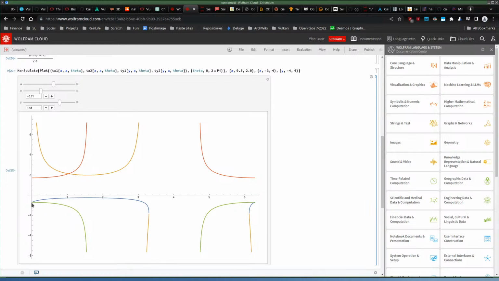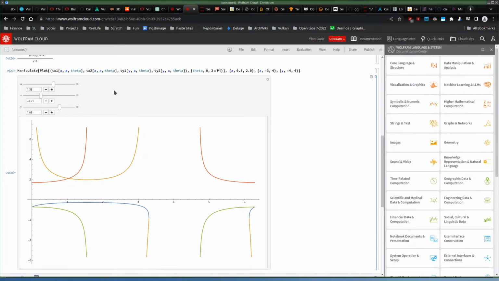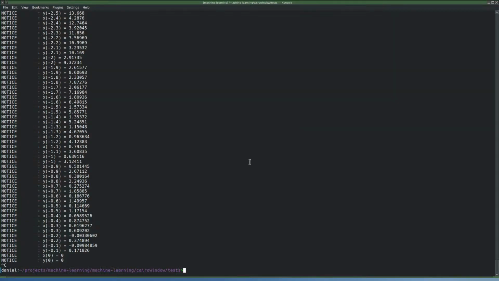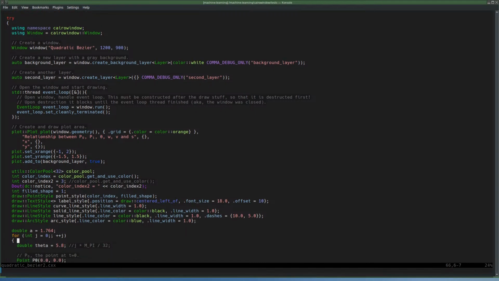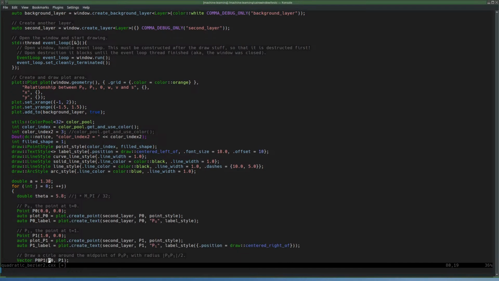Let's draw this one for fun. See what the hell this is. So I now have an A value of 1.38. And theta is 0.